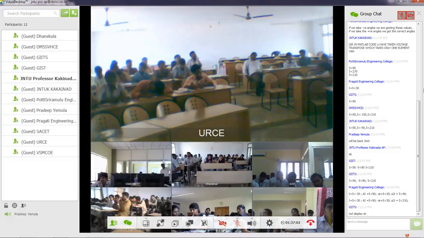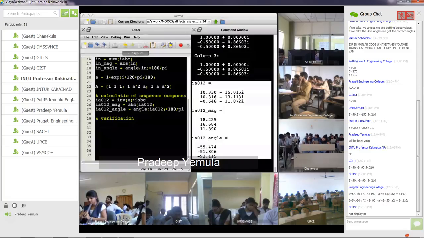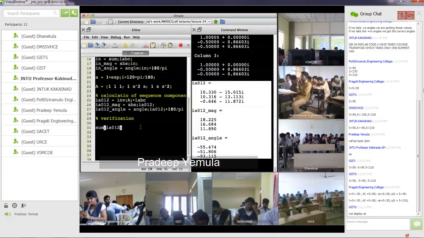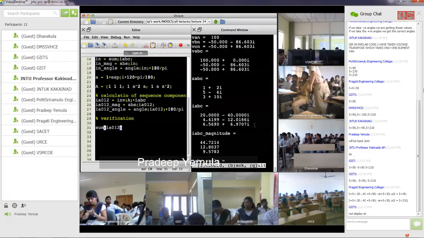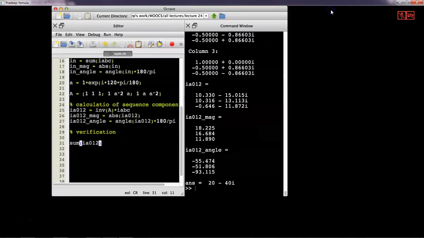Again I'm going back to my MATLAB interface just to verify that I'll get back my IA. I'll simply take the sum of IA0, 1, 2. I'll just add all these things. Now if I once again run this code, finally I'm getting 20 minus 40.